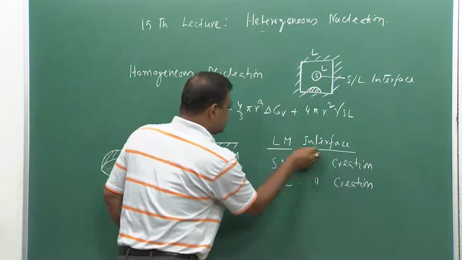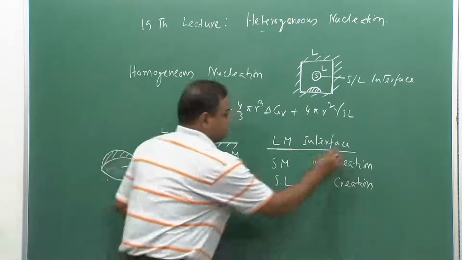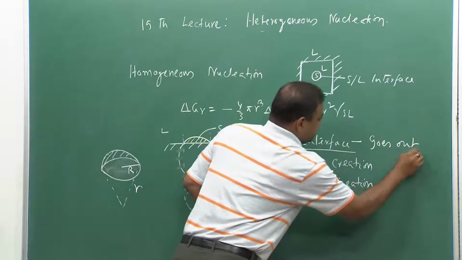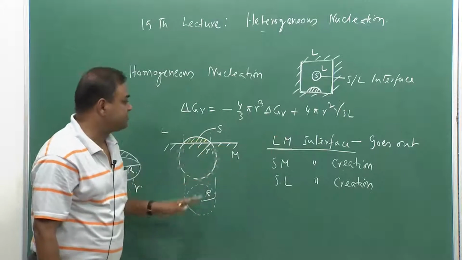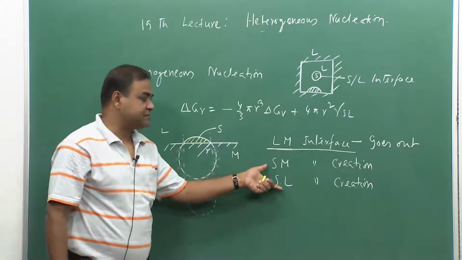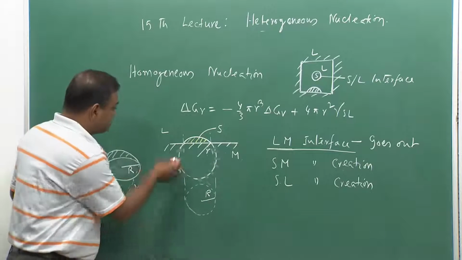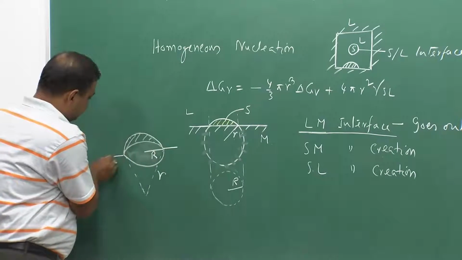Now, what happens to this interface within this zone? That is destruction. That means it is destroyed. So, whenever we have this kind of situation, two interfaces are created, one interface is out, but there is one more interface at this particular junction.